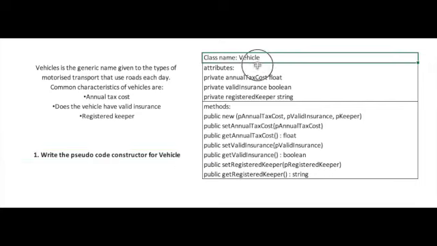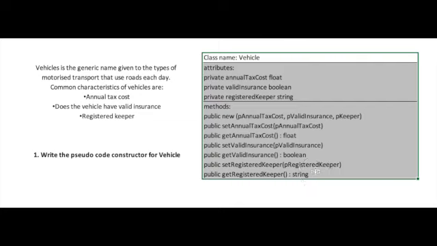So let's now just look at this diagram here. This is known as a UML class diagram, and it defines the structure of a class. Class diagrams are static in nature, meaning that they don't change, and we know that objects are created from classes.